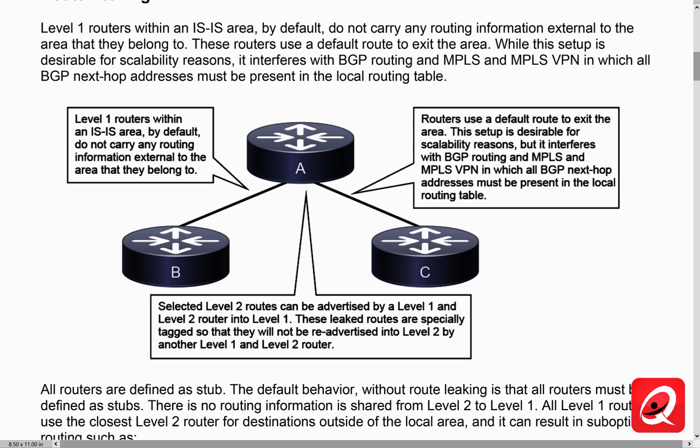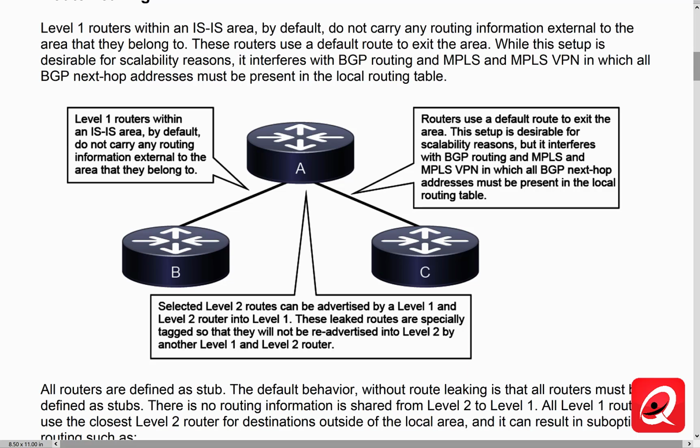And by the way, we define the closest level 2 router because our link state database allows us to identify reachability to those level 2 routers, much like in OSPF, where we learn about external destinations from an ABR, and those external destinations can either be represented as type 5 LSAs from an external ASBR or type 3 LSAs for our inter-area routes.